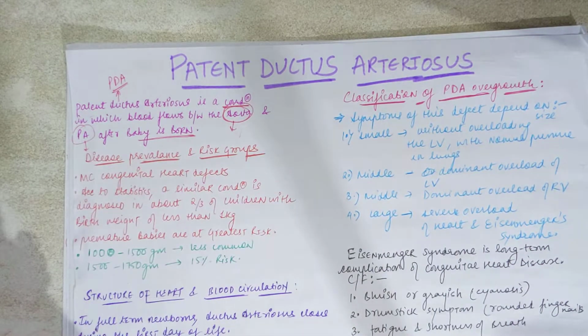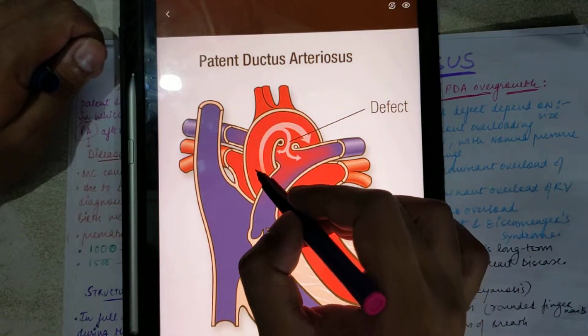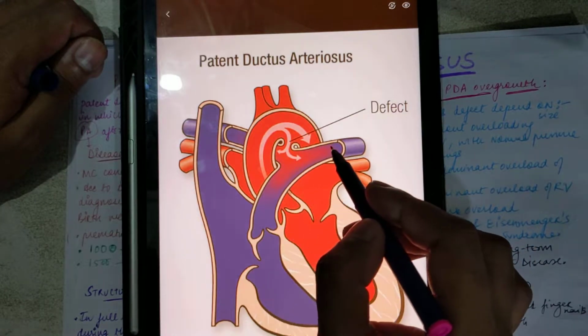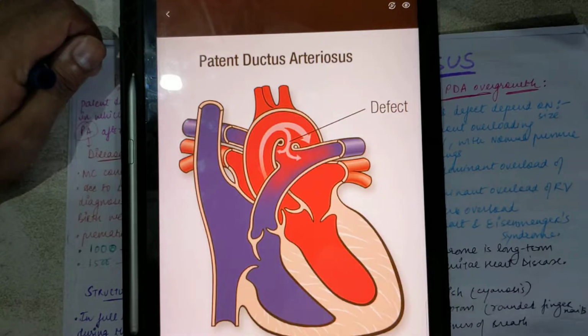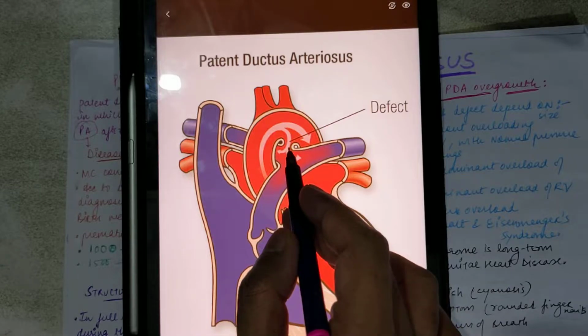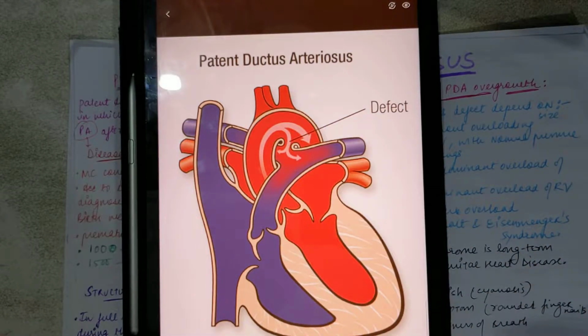In this diagram you can see the aorta, the arch of the aorta, and this is the pulmonary artery. This connection remains open after birth, and that is called the defect.